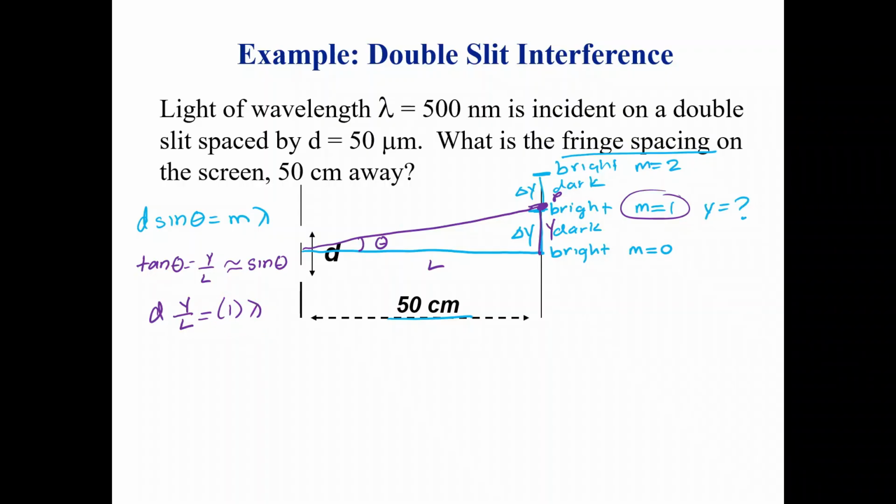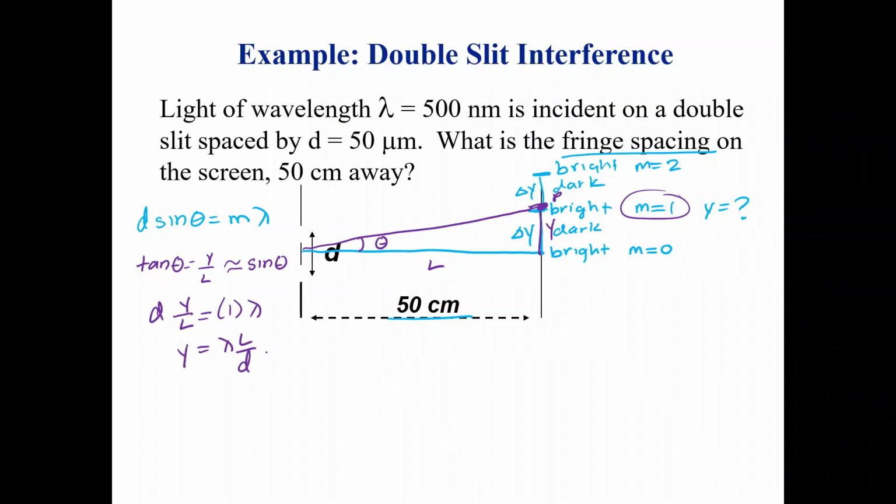And that's going to equal lambda for our wavelength. So since we're looking for Y, I'm going to multiply the L to the other side and divide by D. So I get Y is equal to lambda L over D. And at that point, it's just a matter of unit conversions and plugging in.